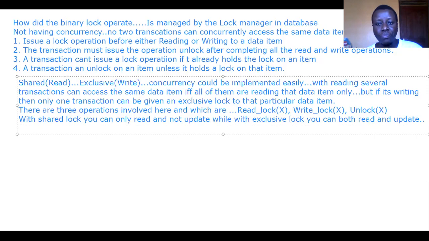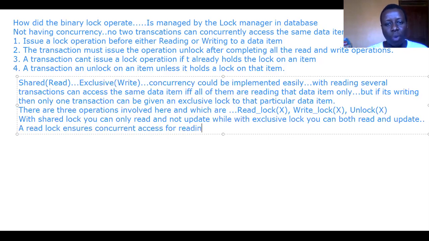Whereby, a read lock ensures concurrent access for reading operations, while an exclusive lock ensures another feature which we are talking about, security during the transaction.